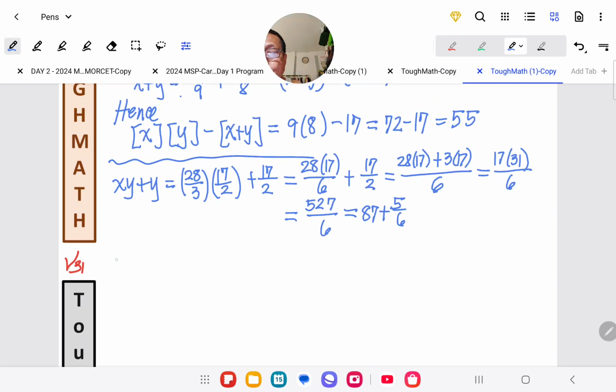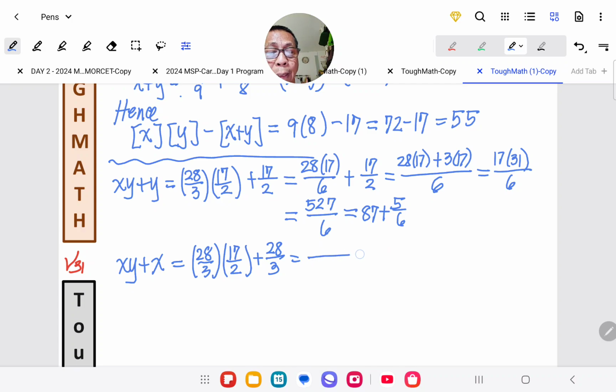Whereas the other one, xy plus x, this is 28 over 3 times 17 over 2 plus 28 over 3. So again, the least common denominator is 6. So this is 28 times 17 plus 28 times 2 over 6.